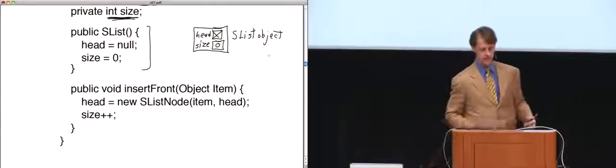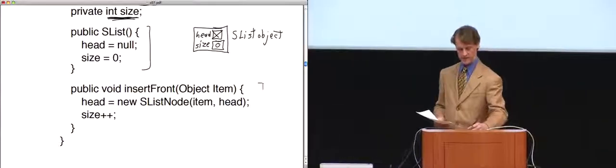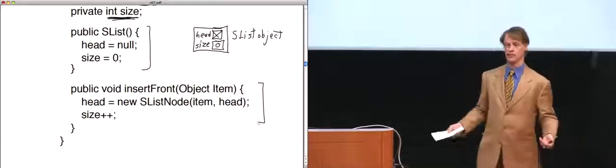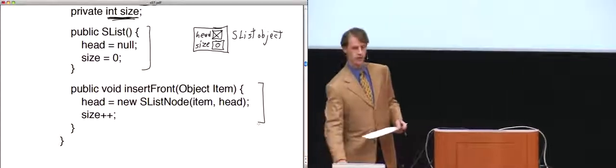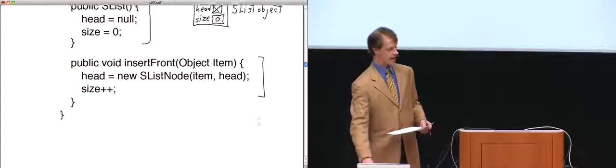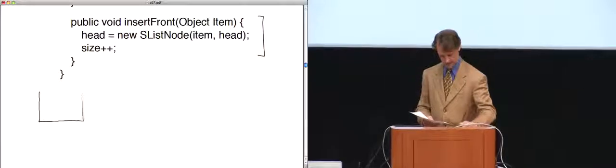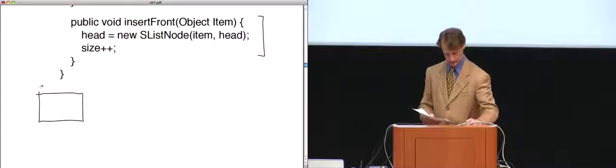Where things get interesting is that now this insertFront method can be written in such a way that it solves the first problem I told you about, that you and your roommate want to have the same grocery list. The way we resolve that problem is that now there's this SList object.